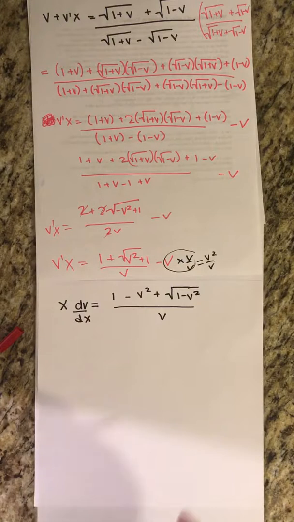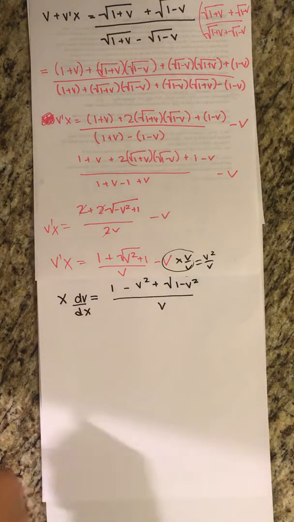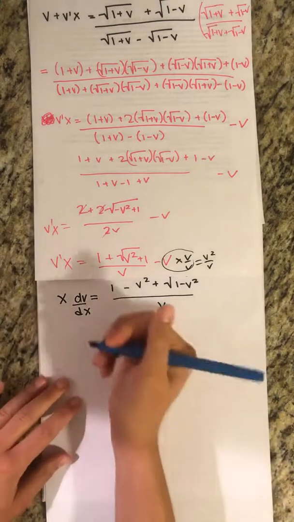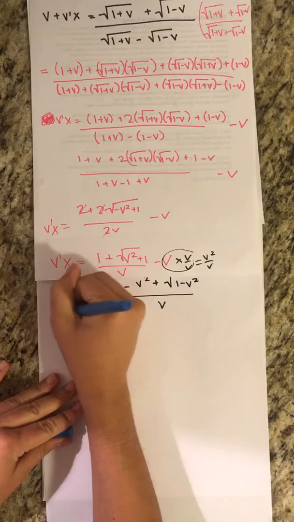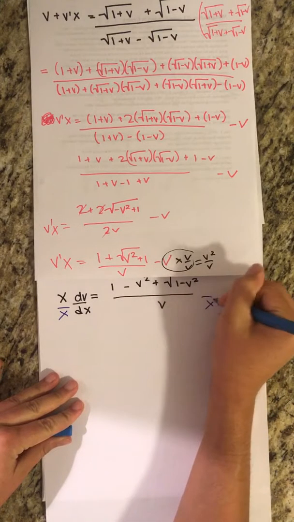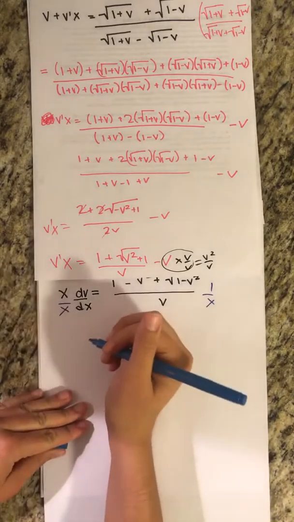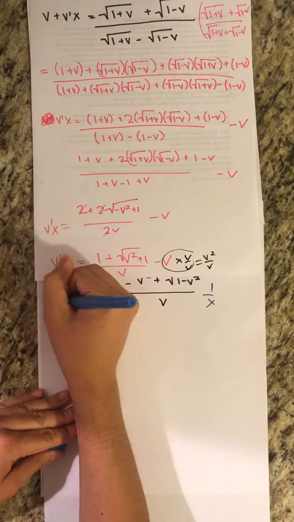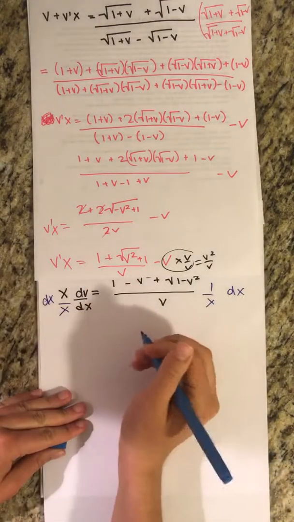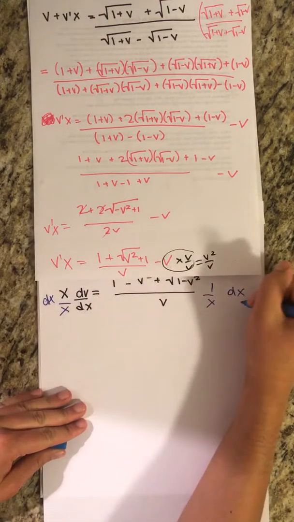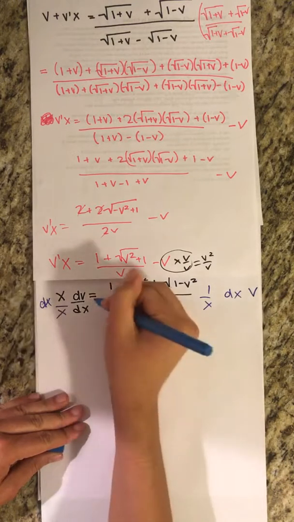So next I want to solve by variable separable method. So what I want to do is divide by x on both sides. Then I want to multiply by dx on both sides. And then I want to multiply by v on both sides.